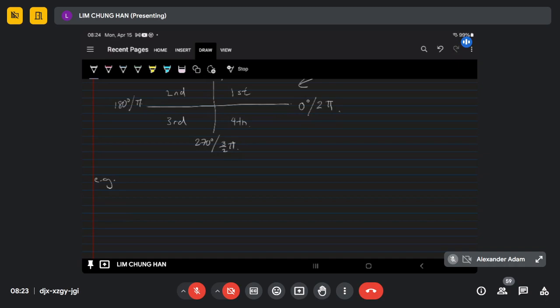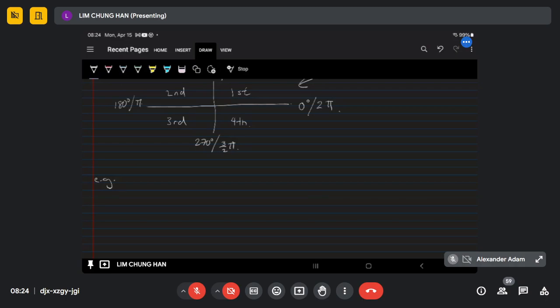Last week, before Raya, we were talking about converting from Cartesian to polar and then polar to Cartesian. But what were we converting?